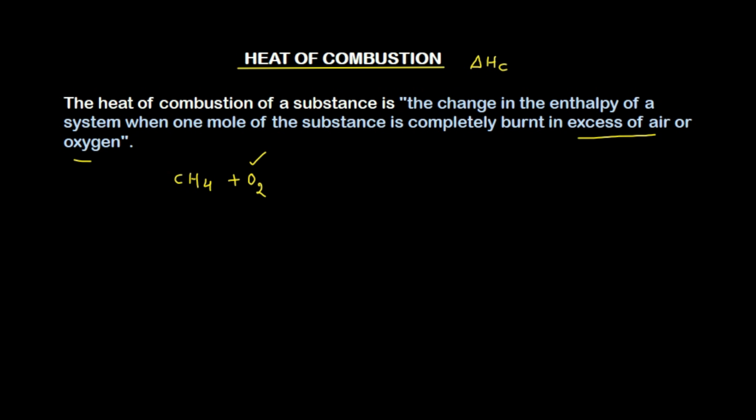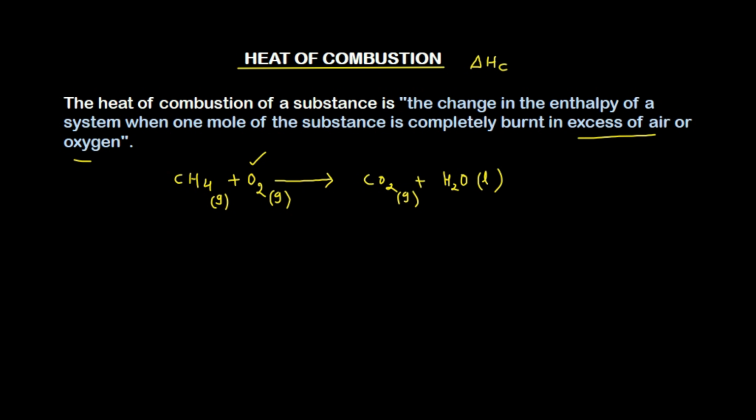Whenever your organic compound burns, you will always have only two products: first carbon dioxide, and second water in the form of vapor. The oxygen is a gas, the carbon dioxide is also a gas, and the water will be in the vapor state, but it will be condensed to the liquid.